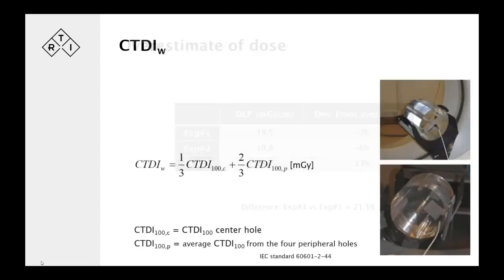Now, we're talking about the CTDI weighted, and that's the one we look at. How does that impact it? Well, we have the measurements from the peripheral holes, which can vary up to 21.5%.